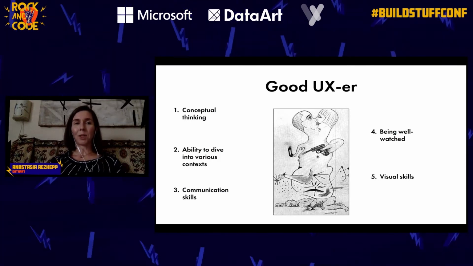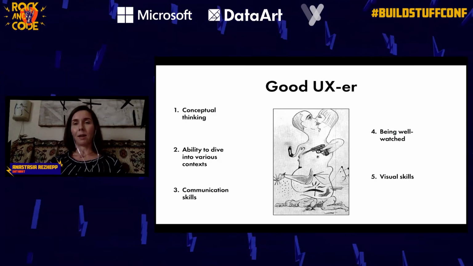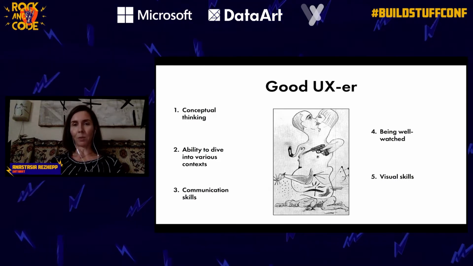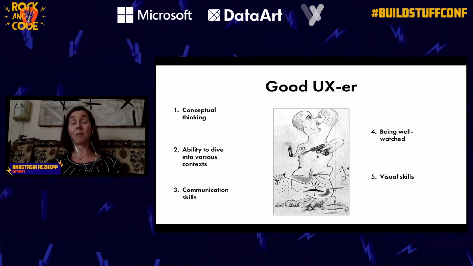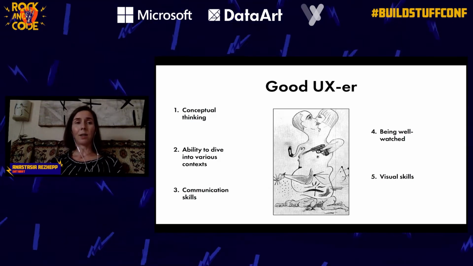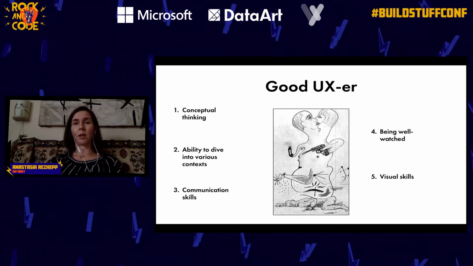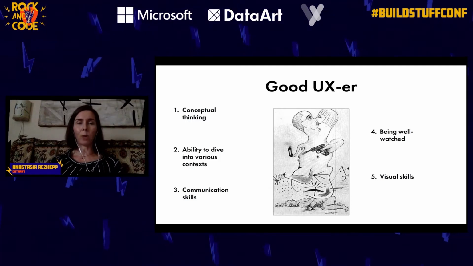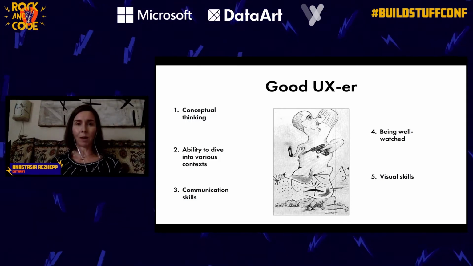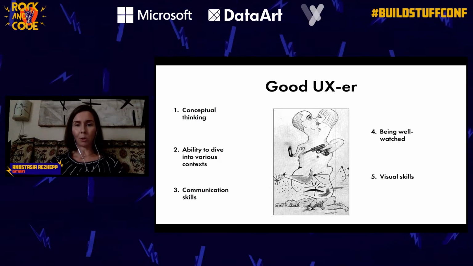Even from this picture, you can see that they are very, very different. For example, the things on the right-hand side are more about graphic design, and the things on the left usually come with some technical background or some scientific background. So it's not so easy to combine them.